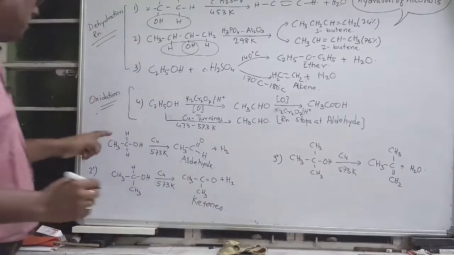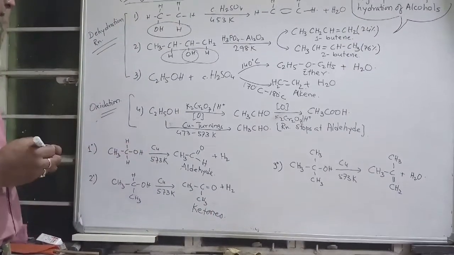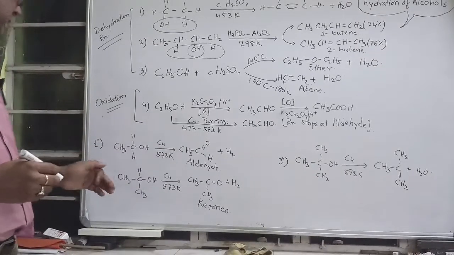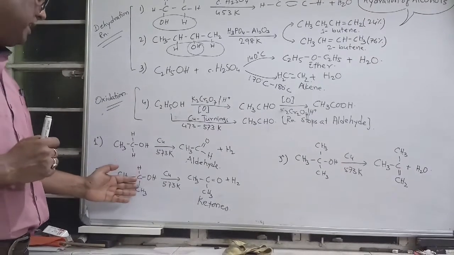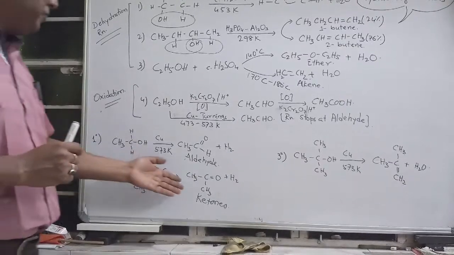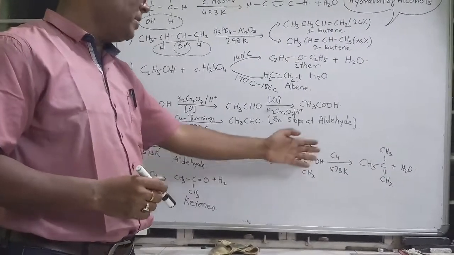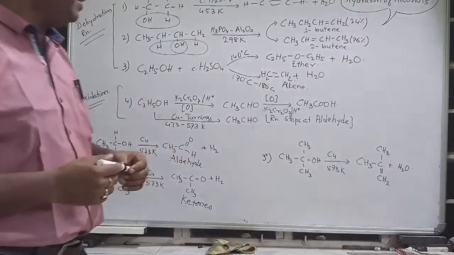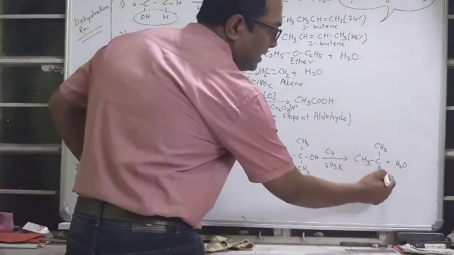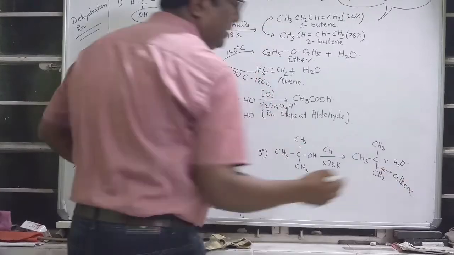So primary alcohols, when you are treating with copper, form aldehydes. And when you are taking secondary alcohol with copper turnings at 573 Kelvin, it is going to form ketones. And when you take 3 degree alcohol with copper turnings at 573 Kelvin, it is going to form alkene.